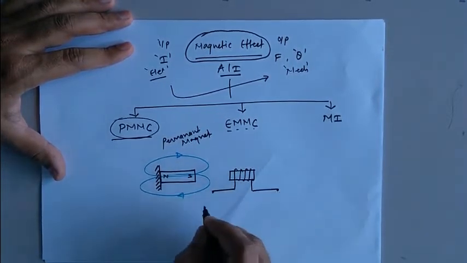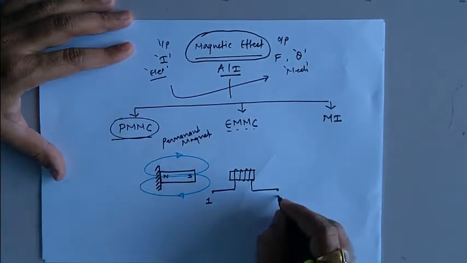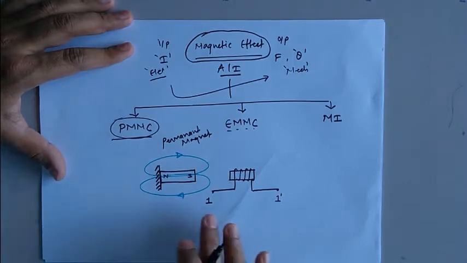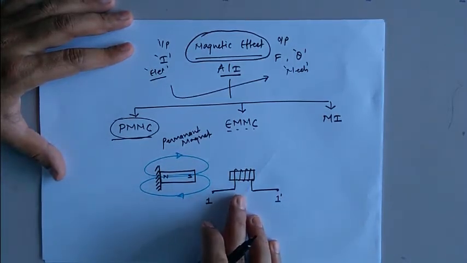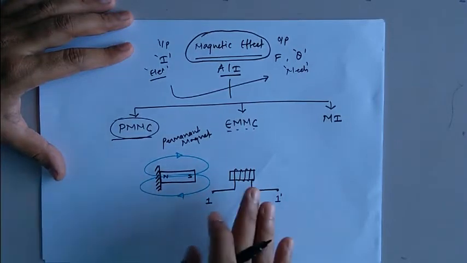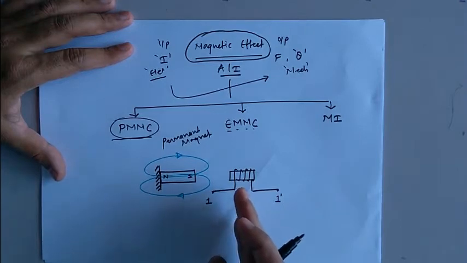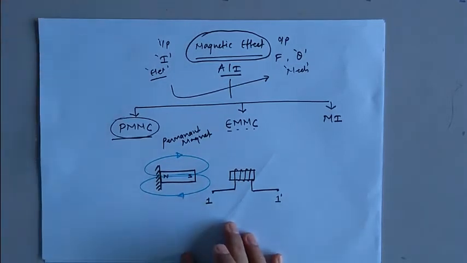Let us consider that this terminal is indicated by symbol 1 and this terminal is indicated by symbol 1 dash. So 1 and 1 dash indicate the terminals of this coil, and this coil is not fixed at any terminal, so I can say that this coil will move depending upon the force of attraction, or you can say force of repulsion between these two arrangements.